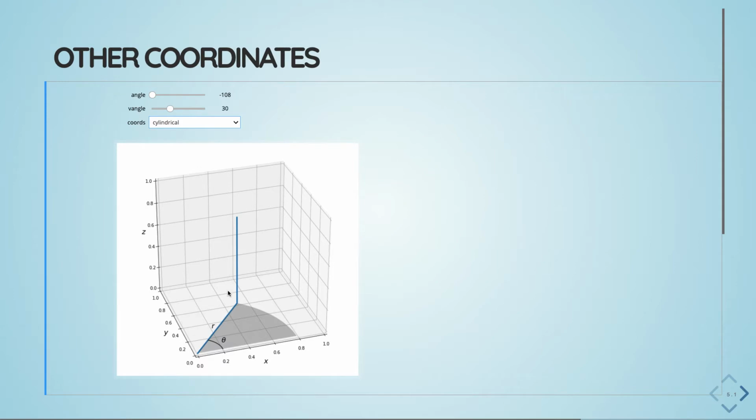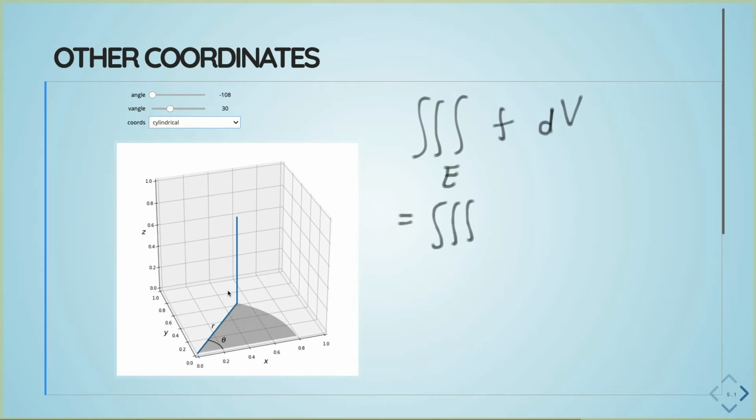So that's fairly straightforward. Now, what does that have to do with integrating? Well, when we're doing a triple integral, remember, a typical triple integral looks like a triple integral over a region E of some function dV. And we've already seen that becomes a triple integral over E of f of x, y, z.